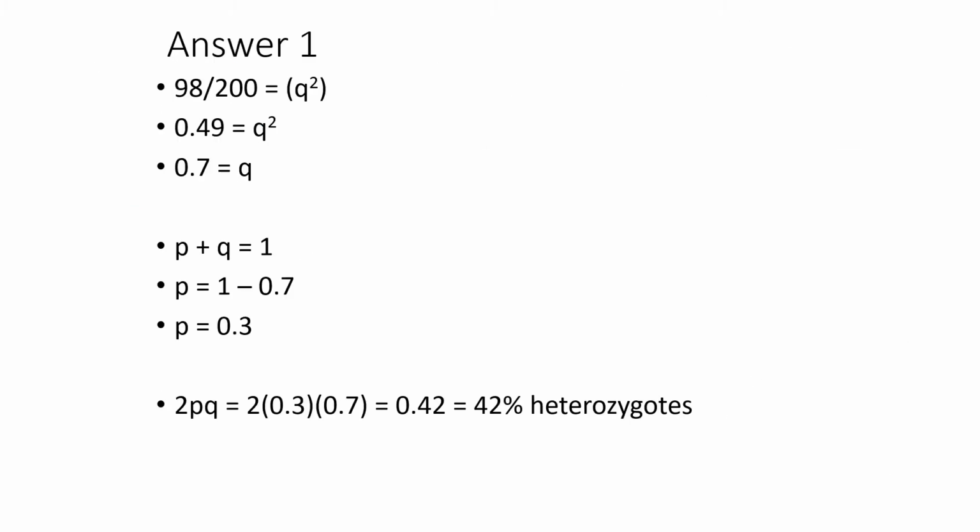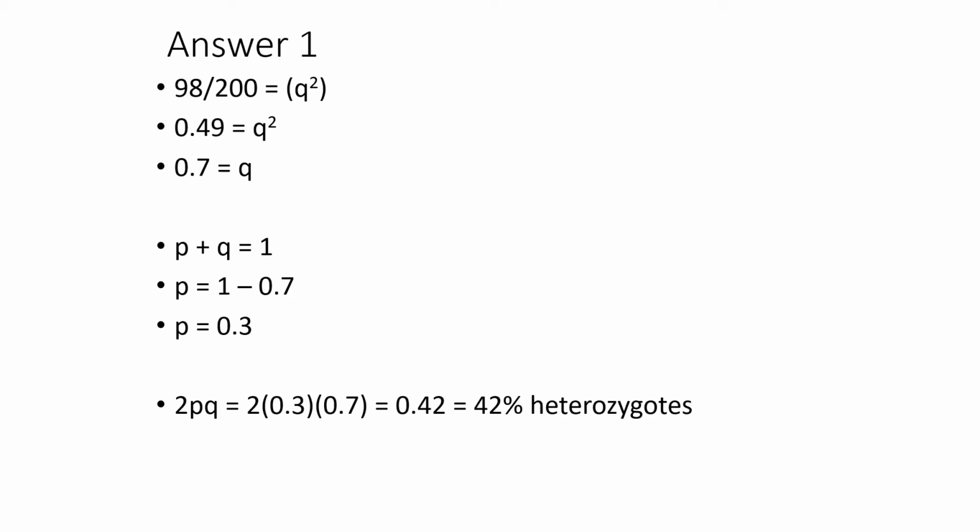So just to make it a little easier to follow, this is the exact same answer, just laid out slightly better. We've taken the homozygous recessive alleles, and that is a genotype called q squared, because q represents the allele. We know that 98 out of 200 organisms are q squared. We work that back to get a value for q.